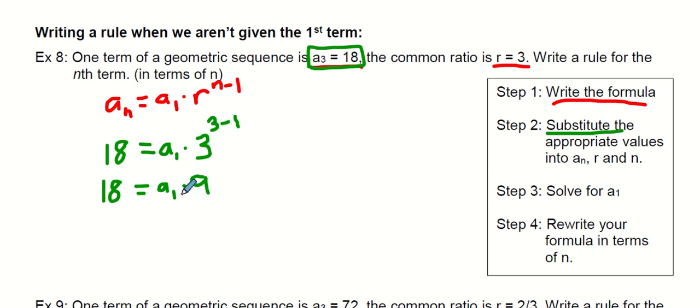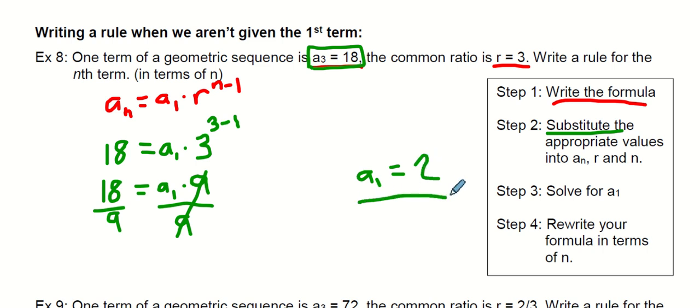And then to get A1 by itself, I'm just going to divide both sides by 9. So A1 equals 2. So it tells me the first term of this sequence is 2.